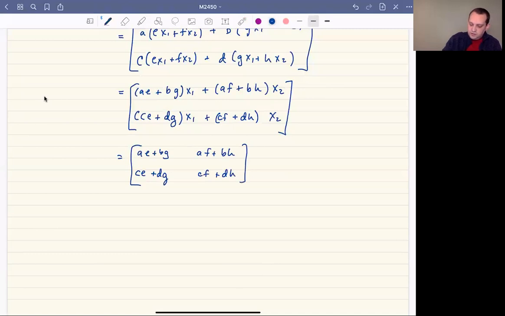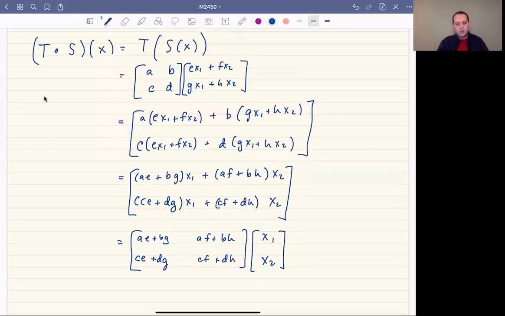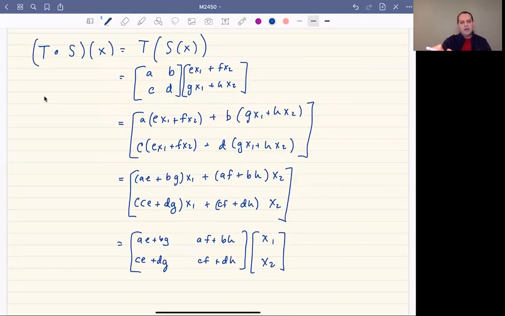That's a 2x2 matrix, all times the vector x1, x2. So when I compose T and S, it's as if I'm multiplying by this new matrix, AE plus BG, AF plus BH, and so on, right? So that's a new 2x2 matrix that we're multiplying by.